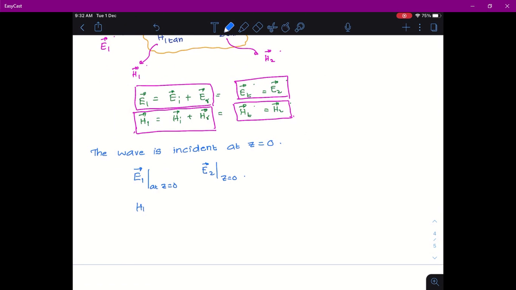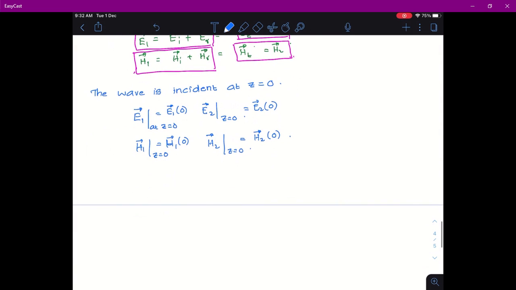Similarly, H1 at z equal to 0 and H2 at z equal to 0. So I'll just represent it as E1 of 0, this is E2 of 0, this is H1 of 0 and this is H2 of 0.